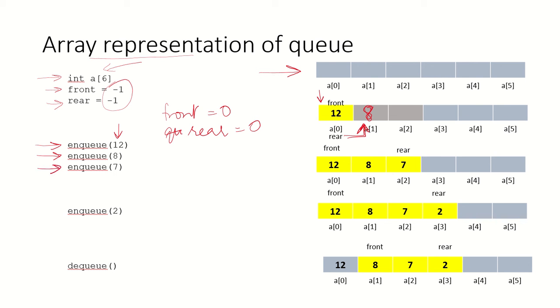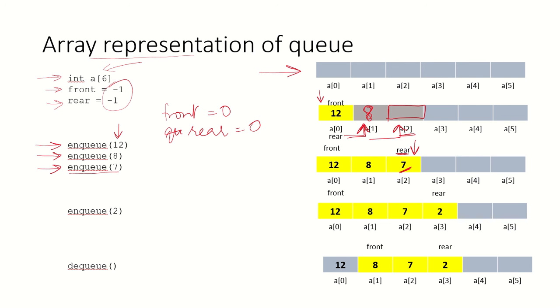There is another operation, enqueue of integer 7. Again, the next available space is A2. So again rear will be incremented and 7 would be added to that particular position. So rear is incremented each time an enqueue operation happens.